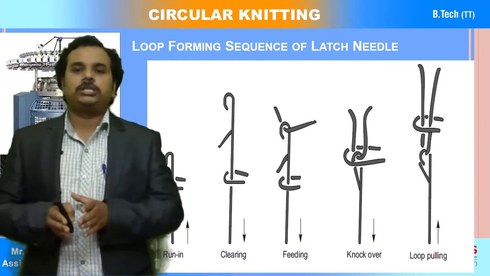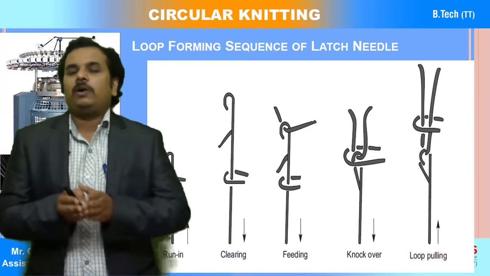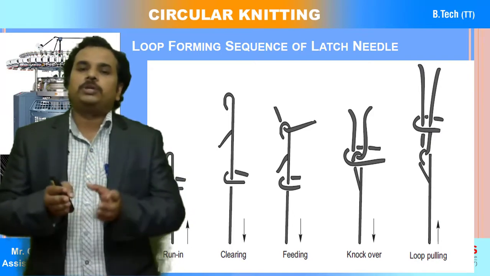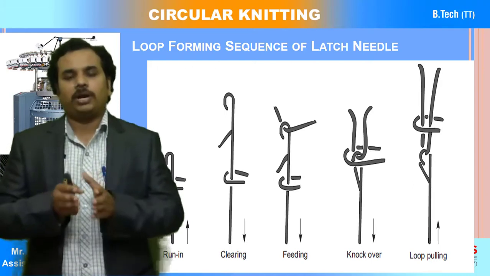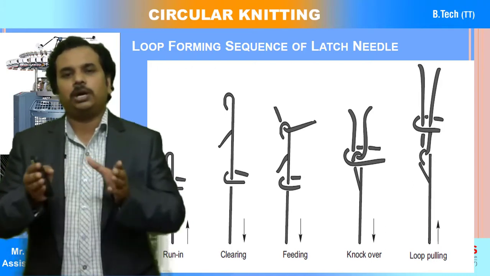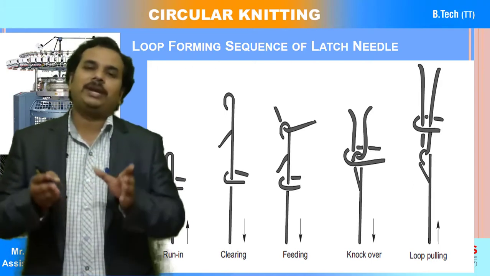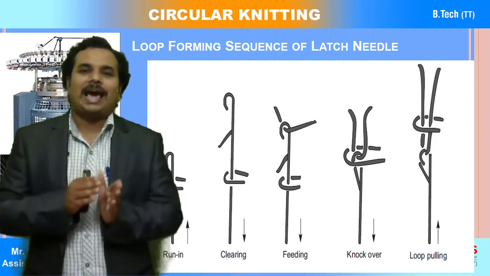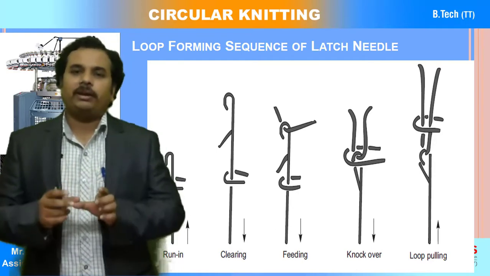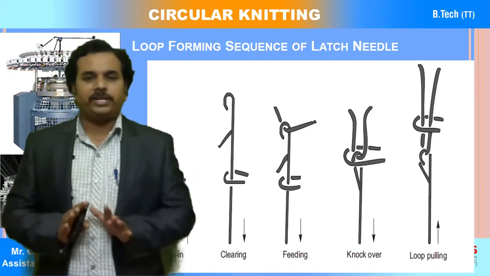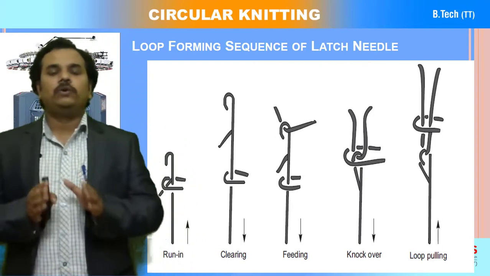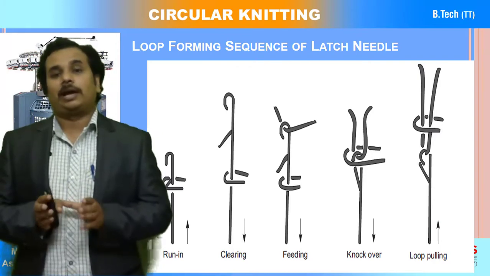Then in the fourth stage, the old loop is going to close the latch, so that the newly fed yarn on the hook is going to be trapped in between the latch and hook part. Then the loop pulling. So these are the 5 different stages of the loop formation sequence of the latch needle.